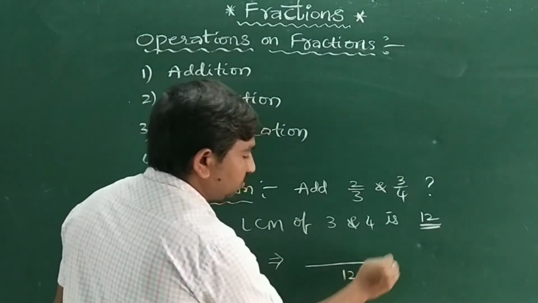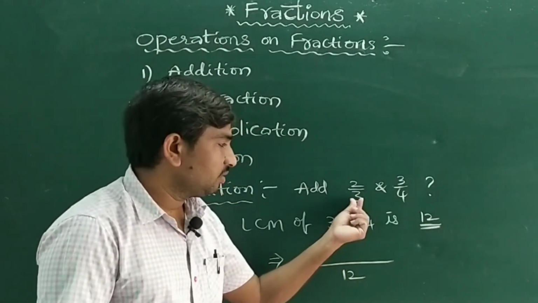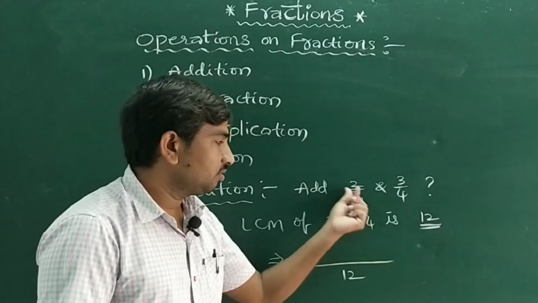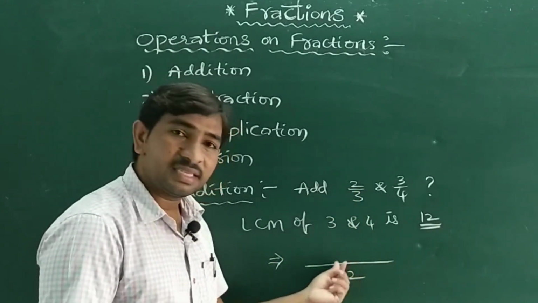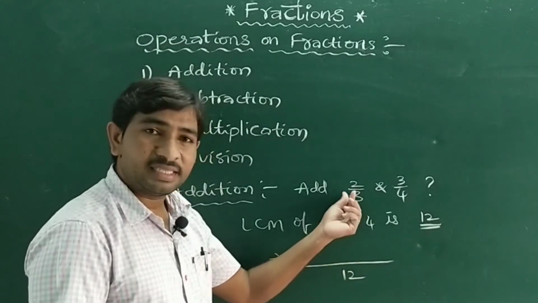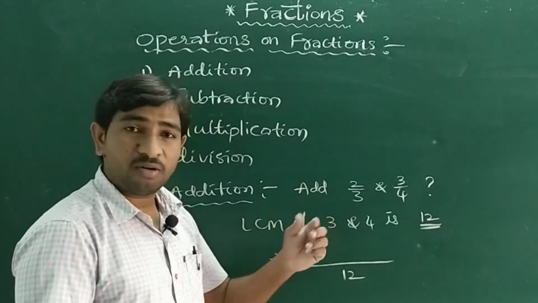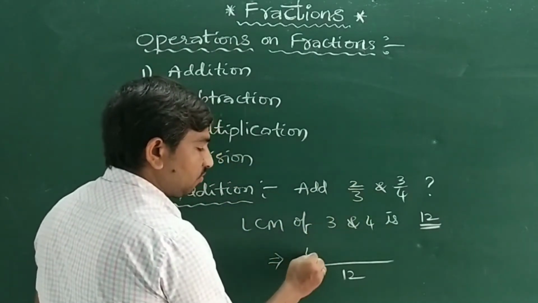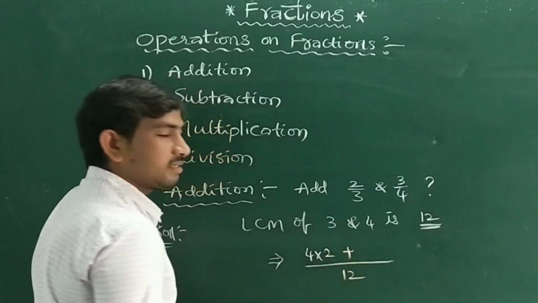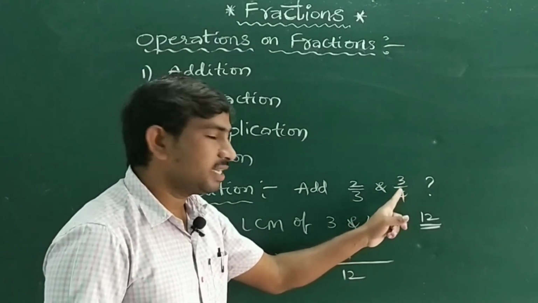Right, now for the addition we have to do what? So write the LCM 12. Now first of all you have to check: what is the denominator here? 3. When 3 divides 12, we get 4. So we take that 4 and multiply it with the numerator. So 4 into 2 you have to write, plus. Now 3 by 4, what is the denominator? 4.